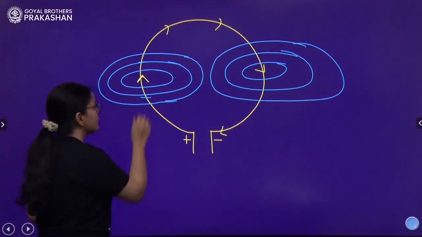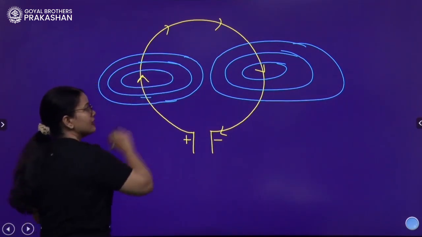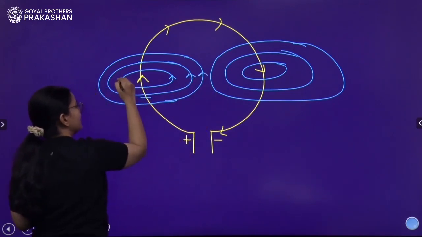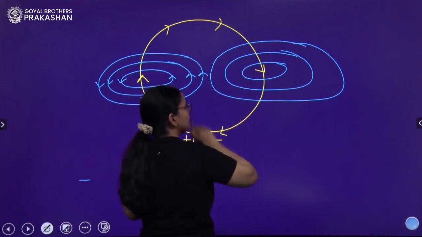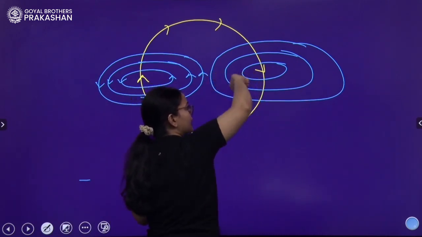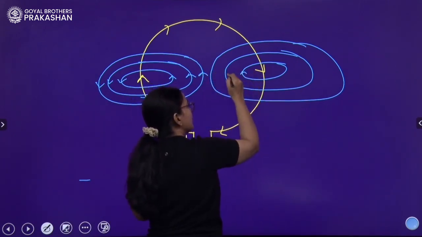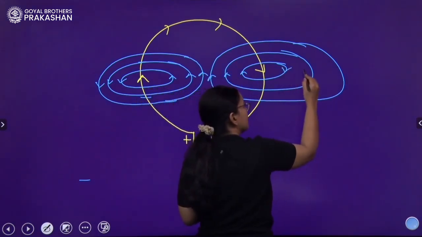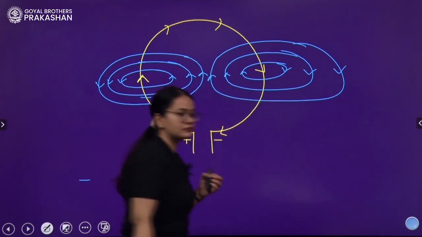How will the direction be? Inside, going in, and from here they are coming out. Over here also, see, they are going in and coming out.